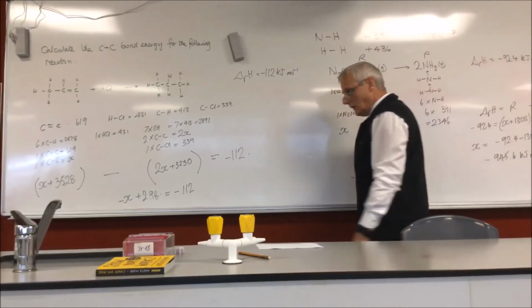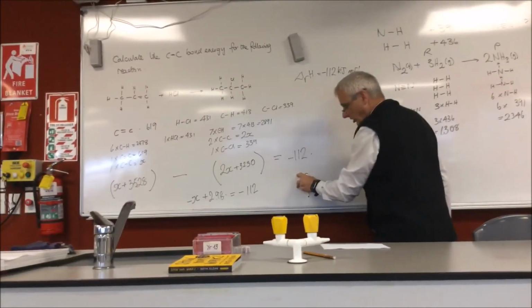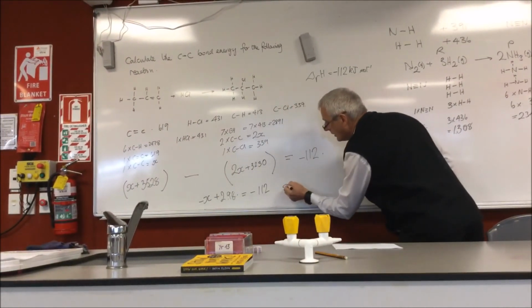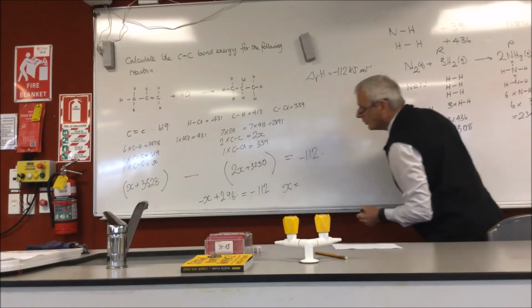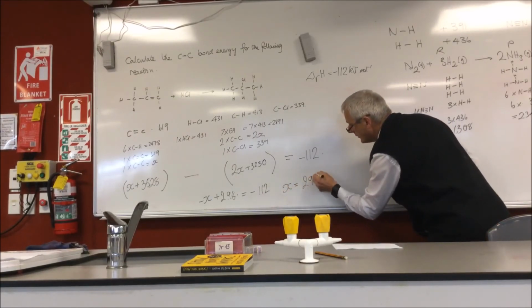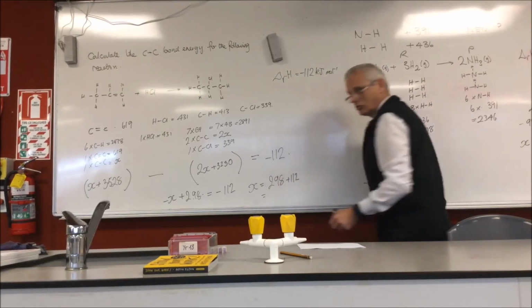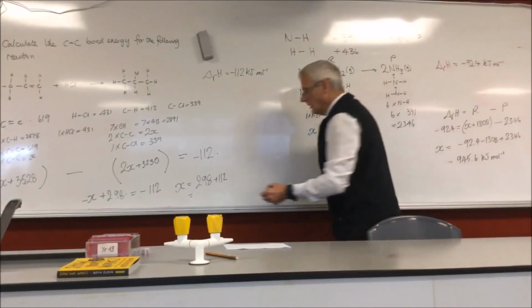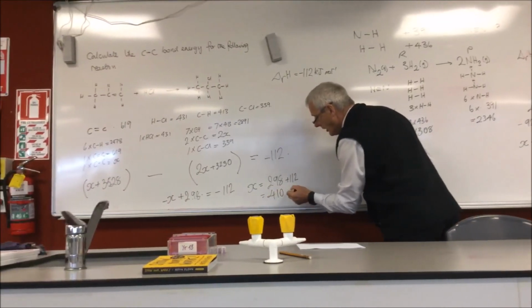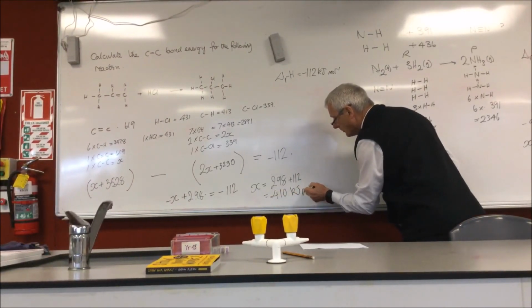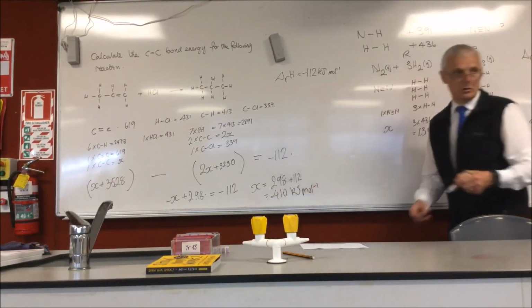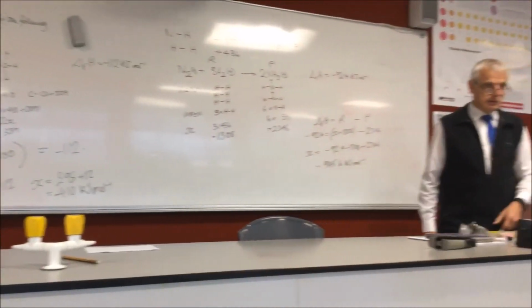So, if I bring this to this side and that to that side, I get x is equal to 298 plus 112, which is 410 kilojoules per mole. Easy!